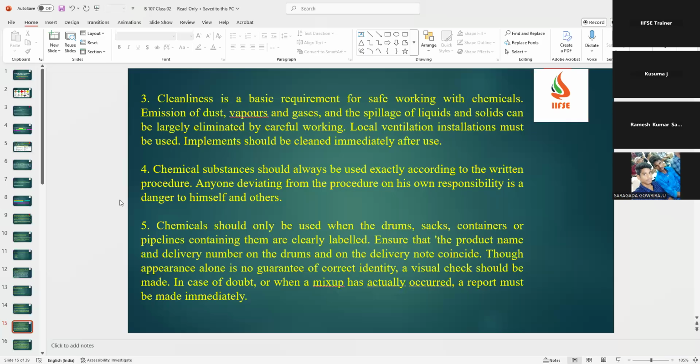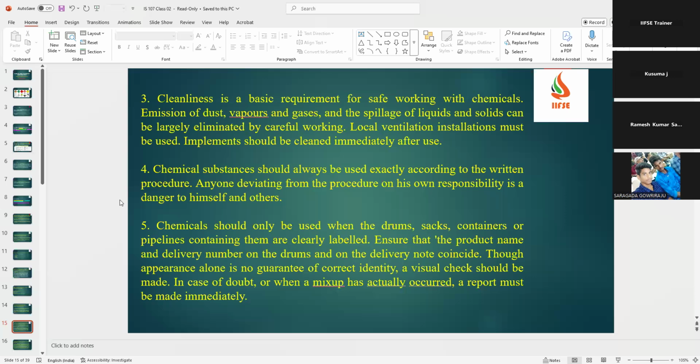So if a person is very thirsty, he can immediately open the bottle and consume it. So that's why it is always advisable not to store any chemicals in general water bottles. It should have dedicated drums, sacks or bottles, and they must be labeled. Otherwise, there will be a chance of misuse.